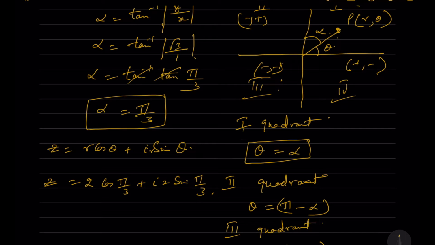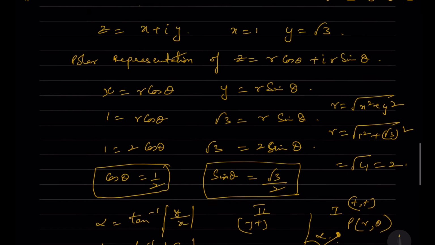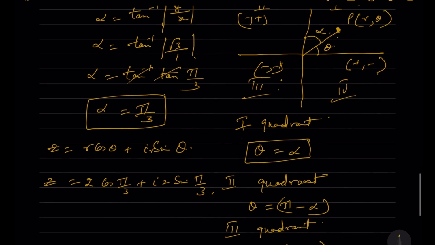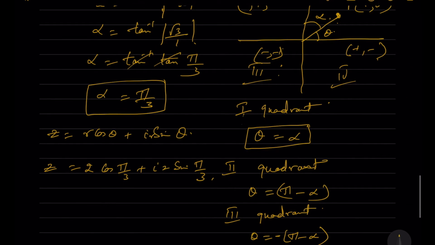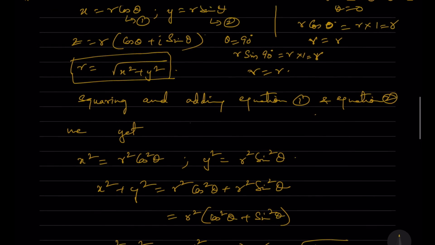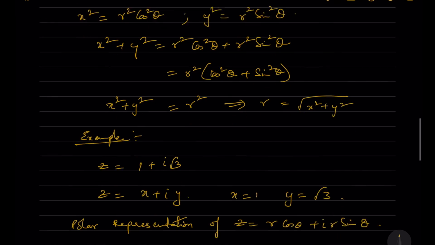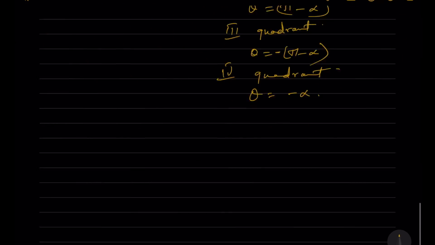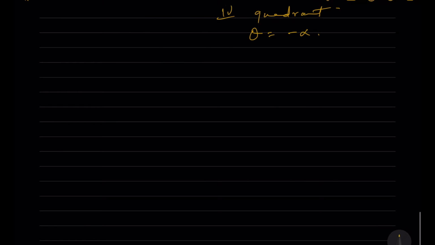Because both values we have taken, 1 and root 3, are positive, you can see how we took these values in the quadrants. So we can use the formula where theta is equal to alpha.